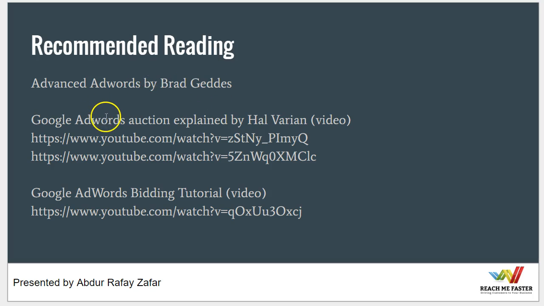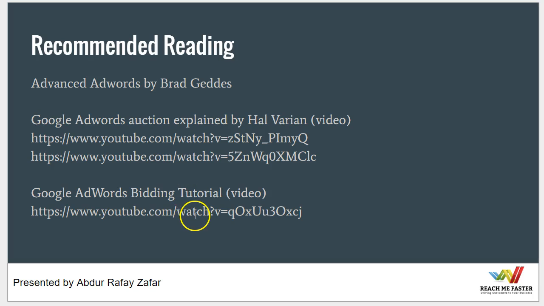And then if you want to get a quick understanding of how the Google AdWords auction works, you should watch these videos by Hal Varian. He is the chief economist of Google, the guy who invented this whole quality score system, which makes Google really the best advertising marketplace in the history of mankind. And then of course the same guy also has a tutorial on bidding.